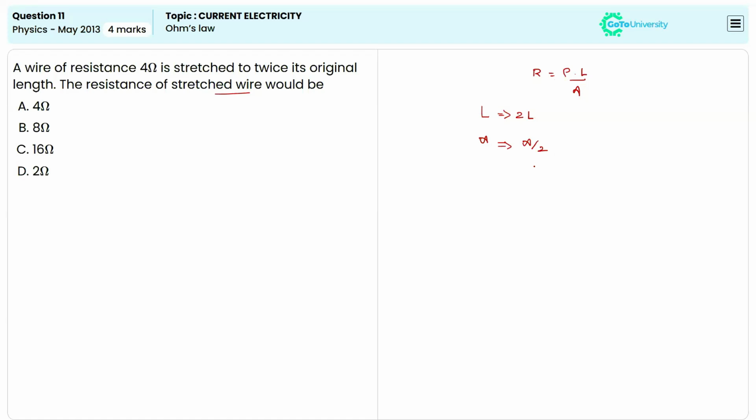So now we can write the resistance is equal to rho times 2L divided by A over 2, right? So when we are simplifying this, we can write 4 times rho L divided by A, whereas rho L divided by A is representing our initial resistance, right? So we can write R is equal to 4 times the initial resistance.